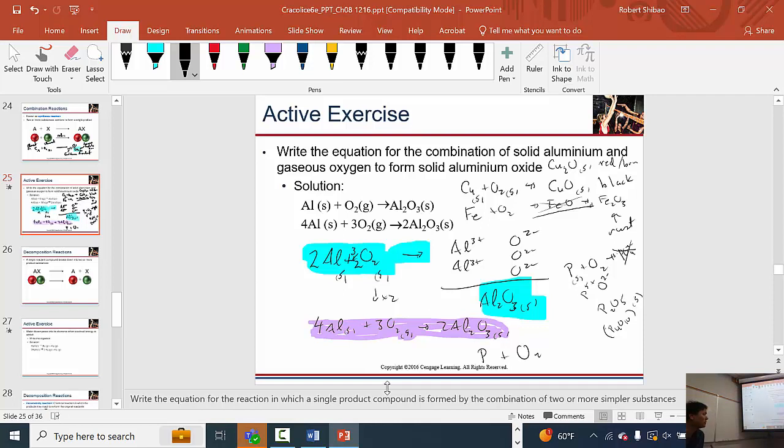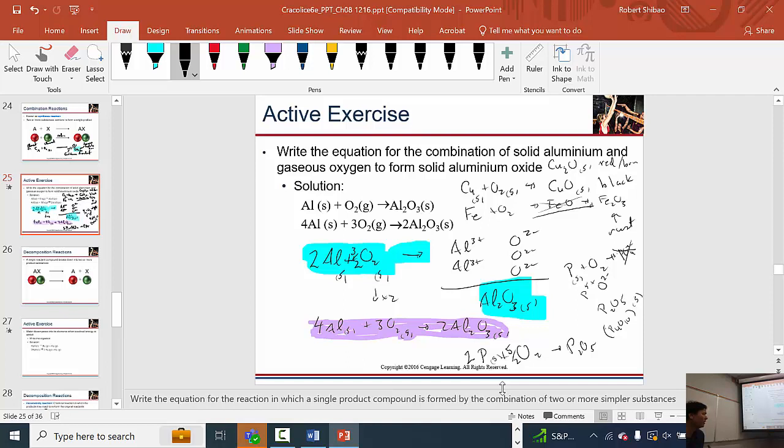This is the way I balance this equation. I'll just save the oxygen for last. So we have how many phosphorus? 2 phosphorus over here on the product. We need 2 phosphorus here. That gives us 5 oxygens here. How do I get 5 oxygens here? 5 halves.